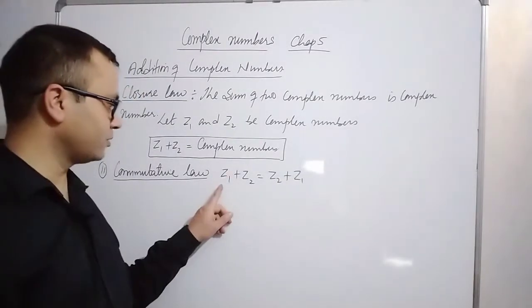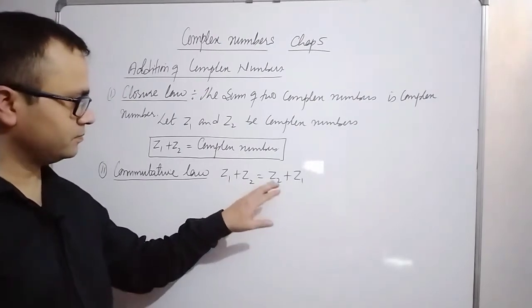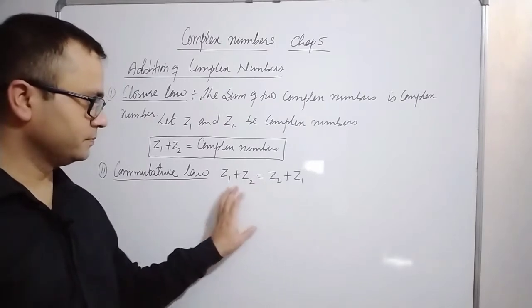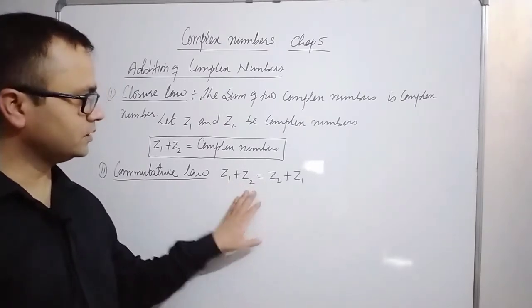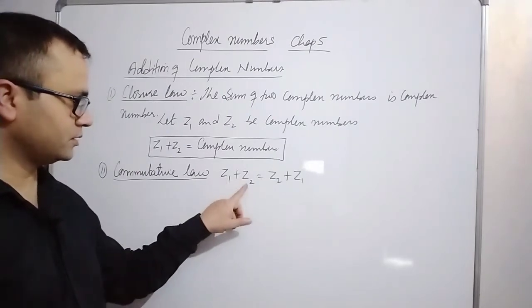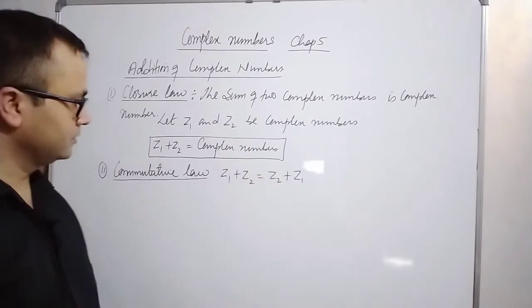If you add Z1 and Z2, you get Z2 plus Z1, which means these two are equal. Suppose this is 2, this is 3, 2 plus 3 is 5. Now this is 3, 2 is 5.